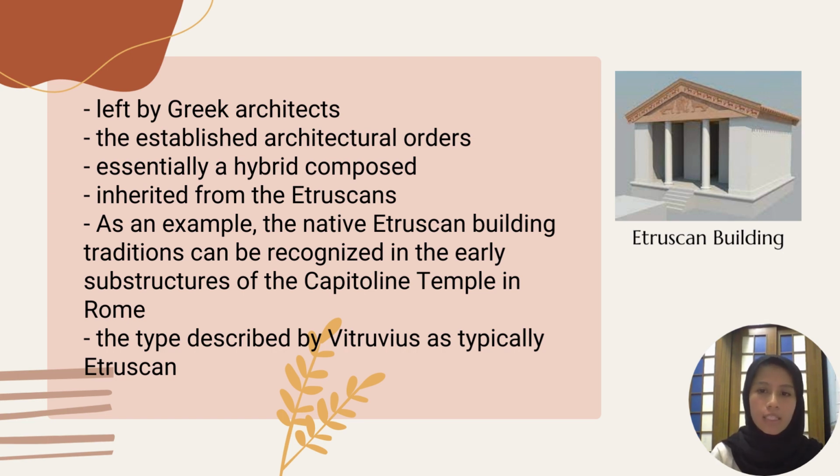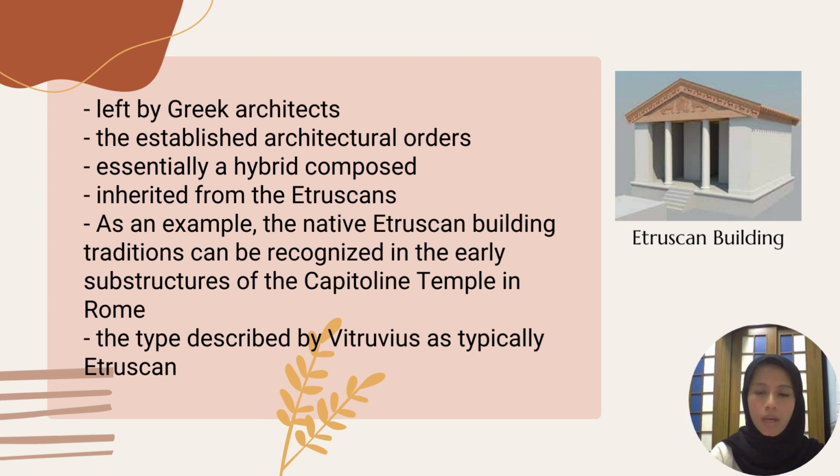Roman architecture is essentially a hybrid composed of elements inherited from the Etruscans combined with the outside influence of the Greeks. As an example, the native Etruscan building traditions can be recognized in the early substructures of the Capitoline Temple in Rome.